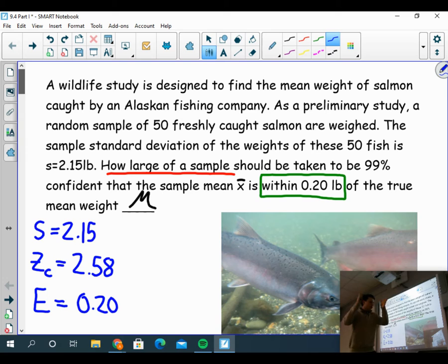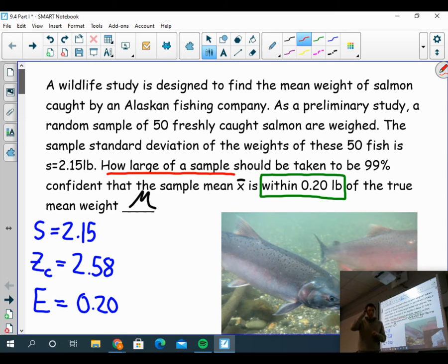But what we're saying is we want those bounds to be no bigger than 0.2 above the sample mean and 0.2 below the sample mean. No bigger. So what that's going to require us to do is have a certain sample size. And we're trying to find that sample size so that we can make that happen.